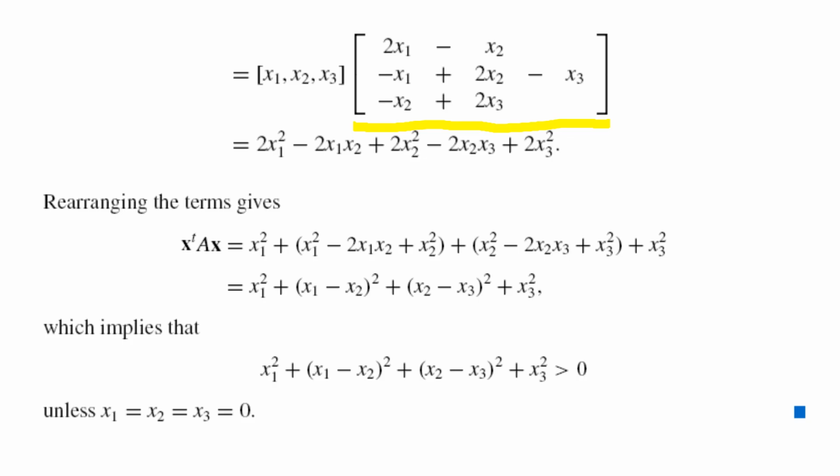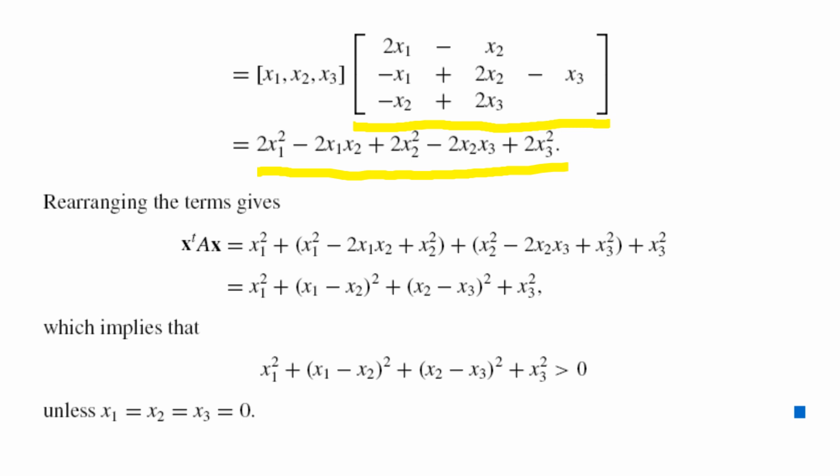Now we multiply this row vector with this column vector, and we obtain this entry. This is one entry. Now we have to show that this is positive.